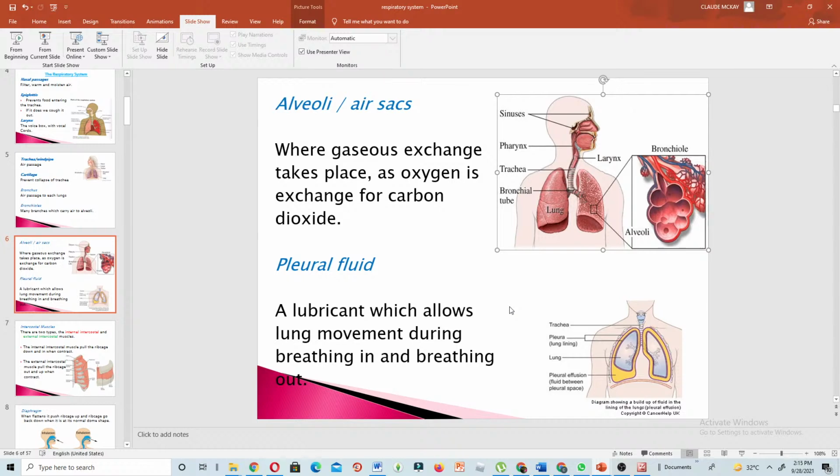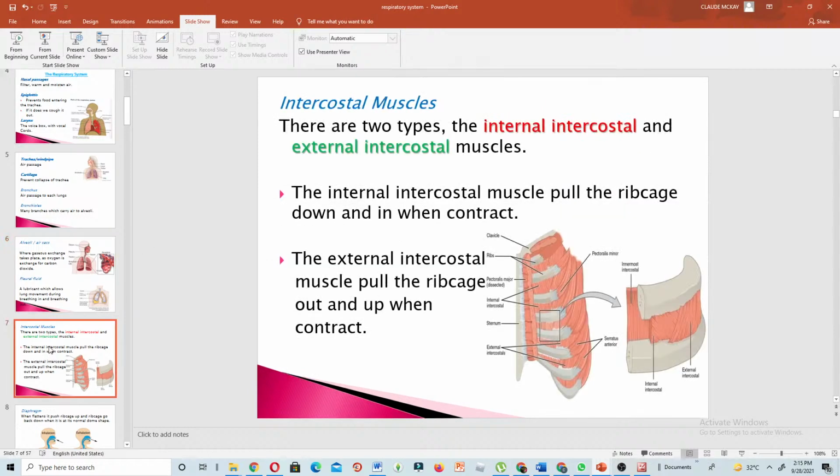So at that time, they might rub against the bones, and if they rub against the bones for any long period of time, the bones will actually damage those lungs. That is why the lubricant is very important to reduce friction there.